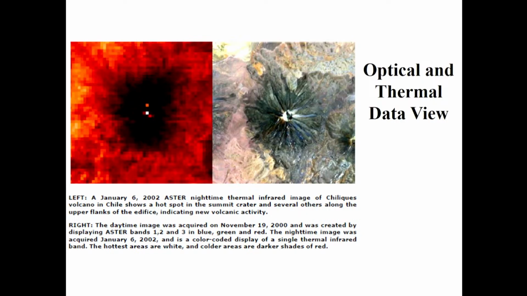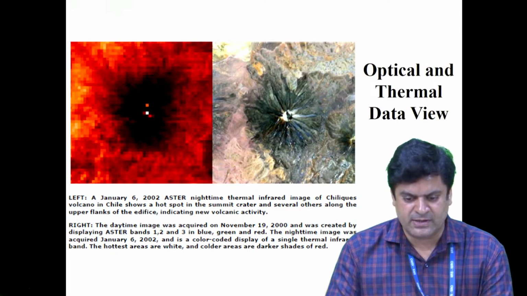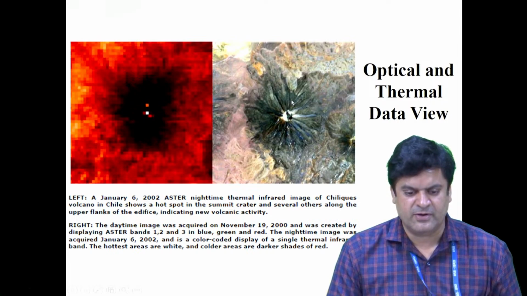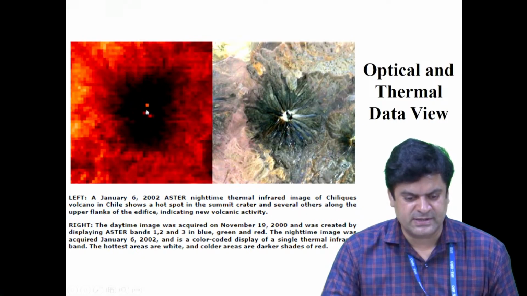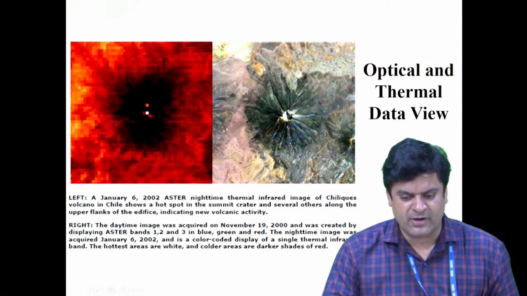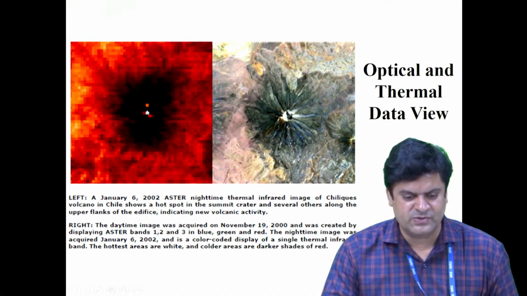And if you look at the optical multispectral dataset, we can get information about the structural features of the volcanic mountain, but we are not sure from that dataset whether the volcano is active or not. But from the thermal dataset we can say that, since the temperature is very high, the volcano shown here is not a dead volcano; there must be some volcanic activity going on.